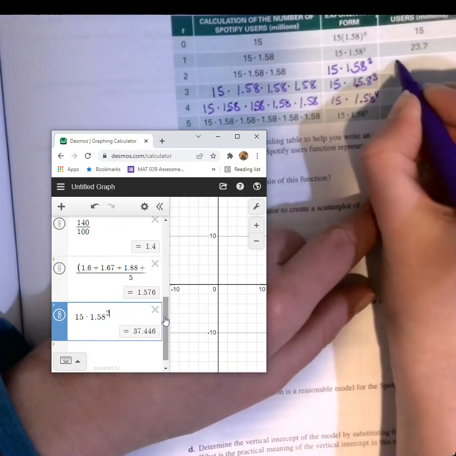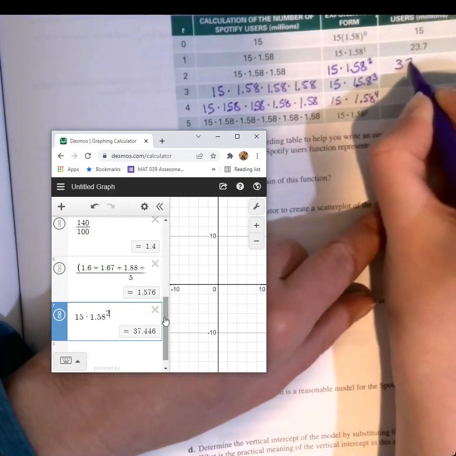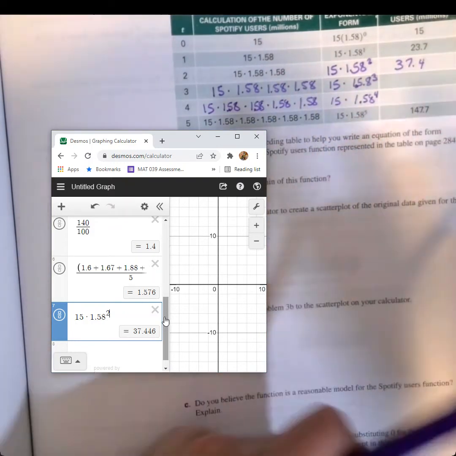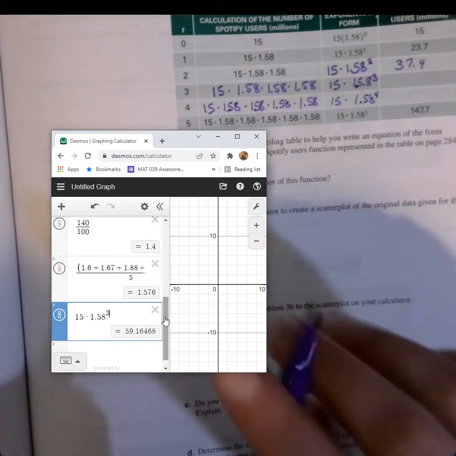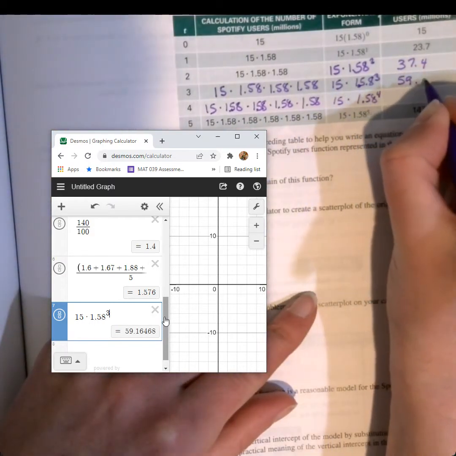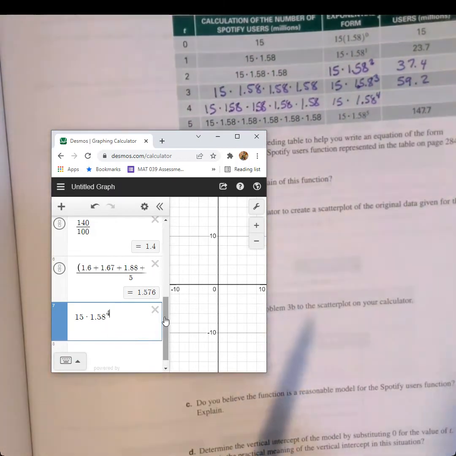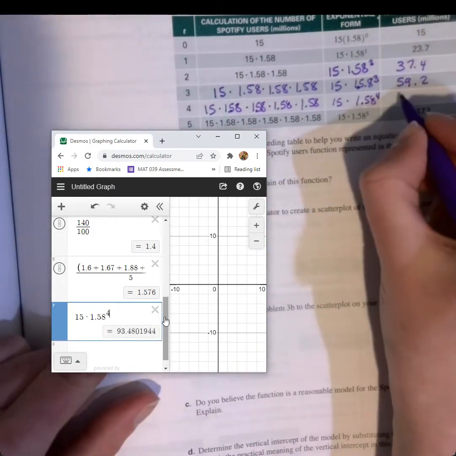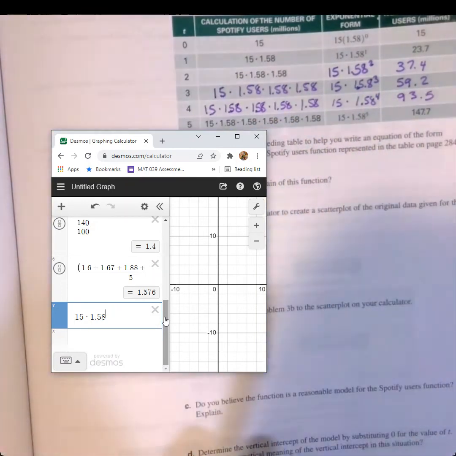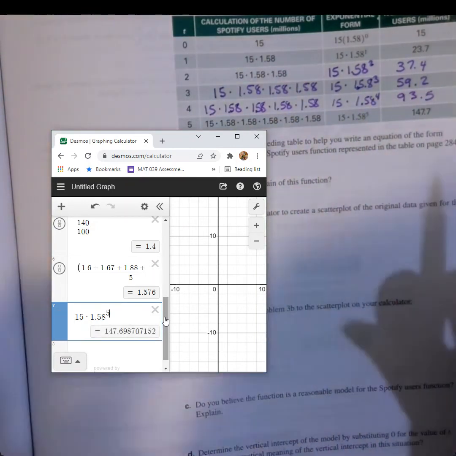This one gives me 37.4. And I can just change that power to 3. This one gives me 59.2. And to 4, this one gives me 93.5. And if I change it to 5, I can confirm the last one, 147.7.